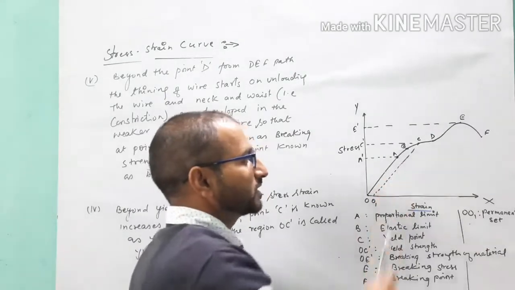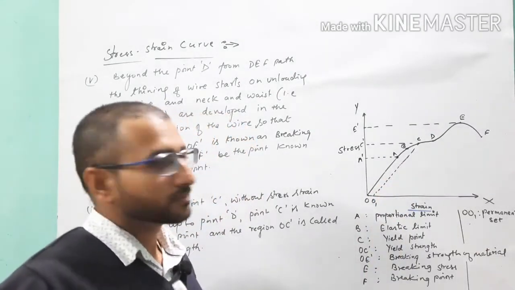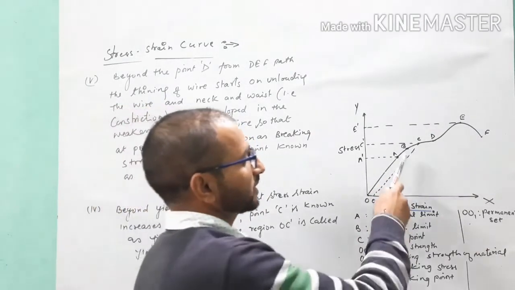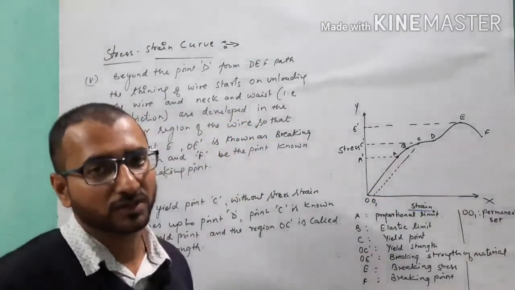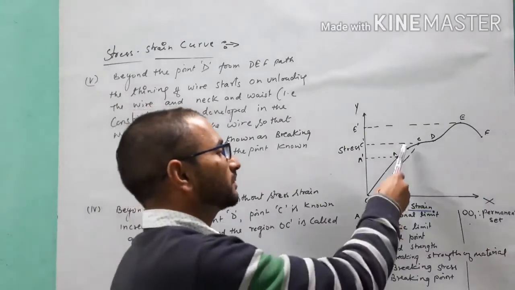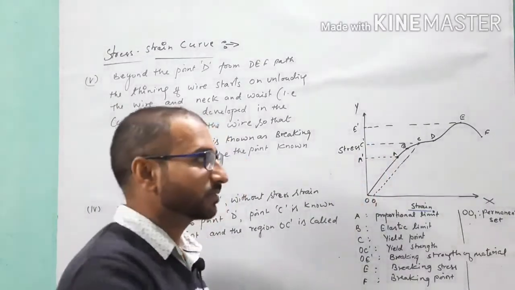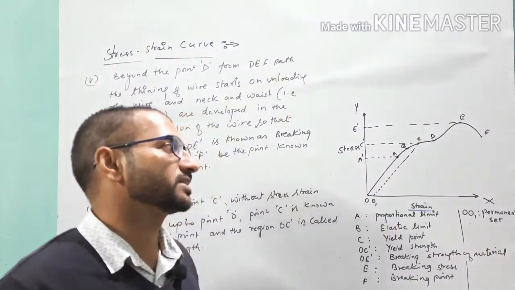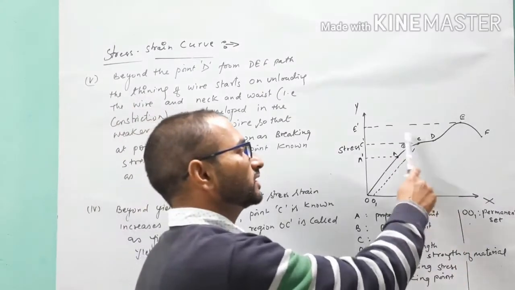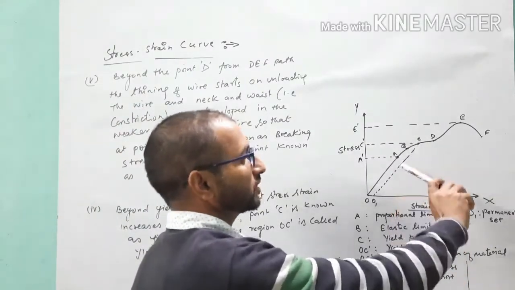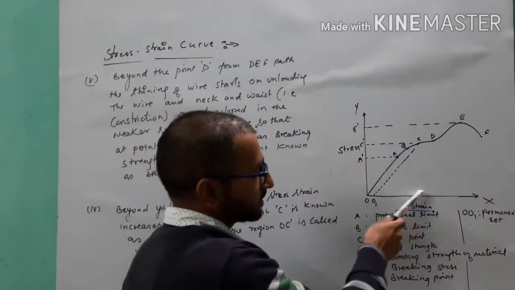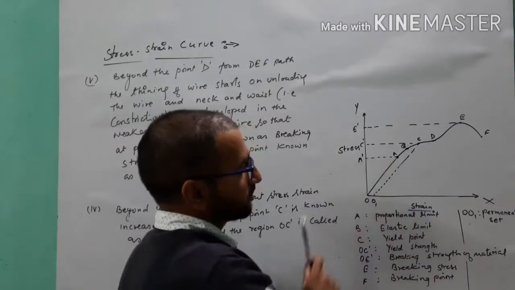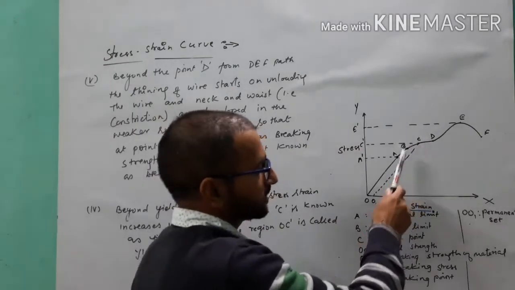This point B does not follow Hooke's law completely, but it is the elastic limit point of the material, meaning it represents elastic behavior, so the body regains its original configuration. And beyond this point B, if the stress increases, the strain increases much more as compared to stress up to point C.